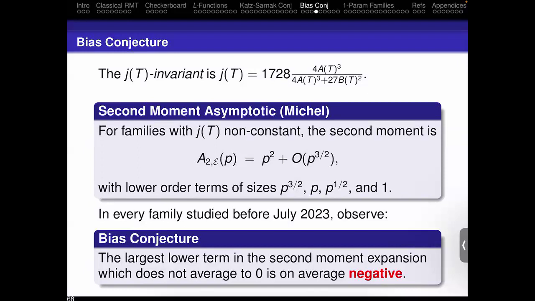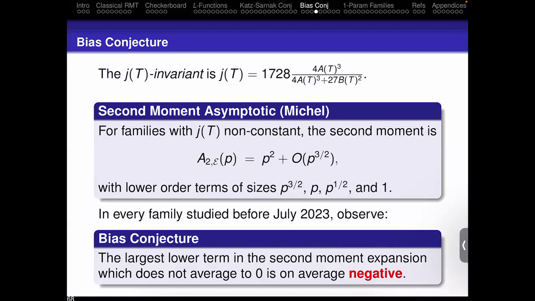So I'm looking at what's going on over the family, and I'm averaging over all t at a given moment, and the number of t you average over is going to be growing with p.